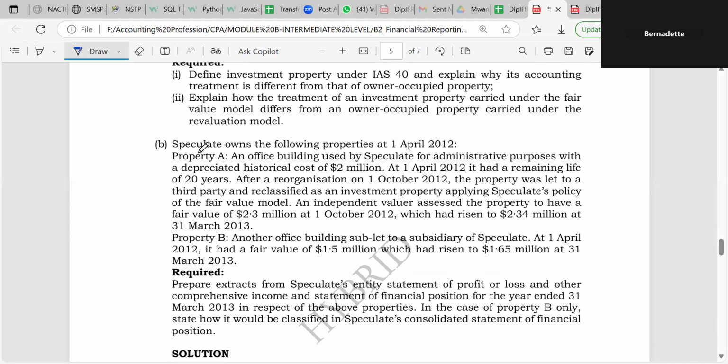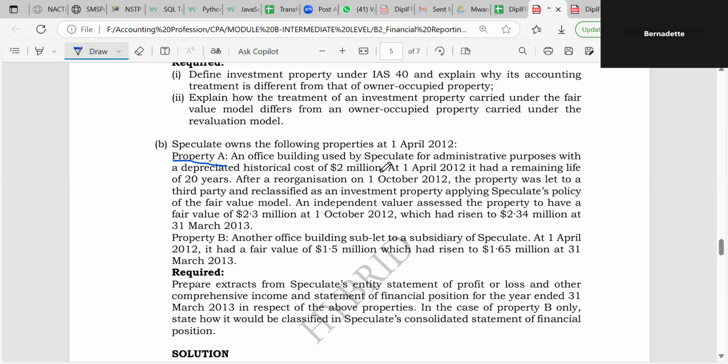Okay, now let's go to this question. It says, Speculate has the following properties as at 1st April 2012. Property A is an office building used by Speculate for administrative work purposes, with a depreciated historical cost of how much? $2 million.